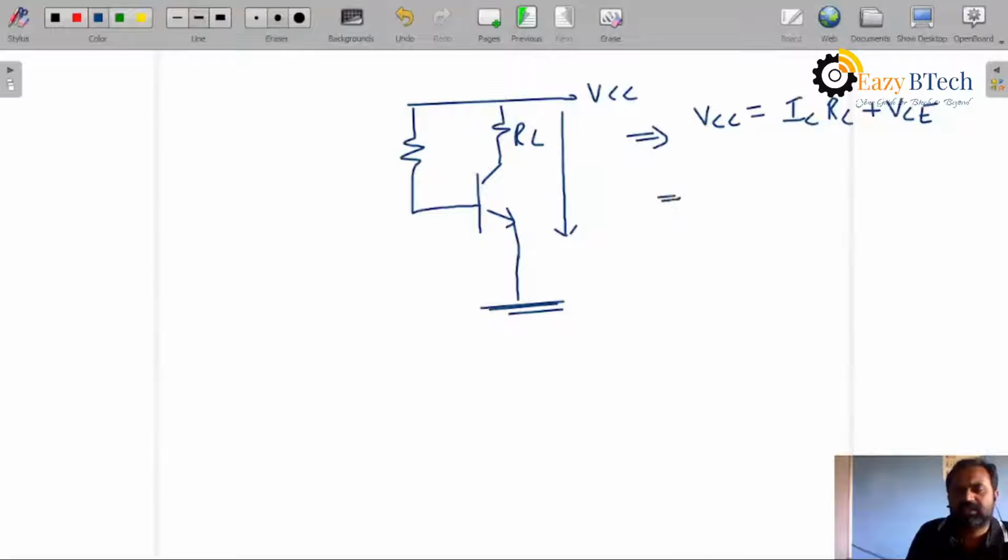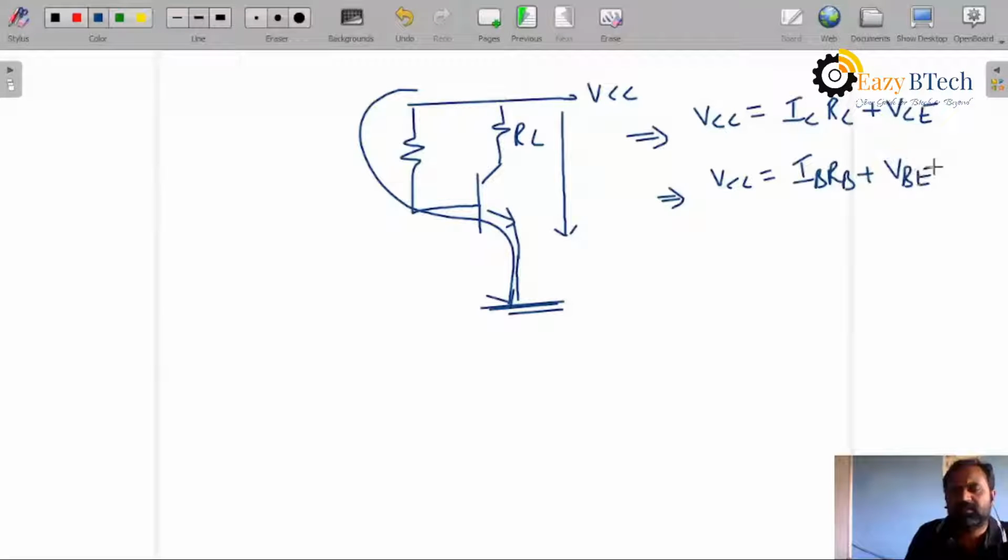For the input loop, we write VCC is equal to IBRB plus VBE. From this we will find the value of IB, and IC also we may find. It is equation 1 and equation 2. From equation 1, we will write this.